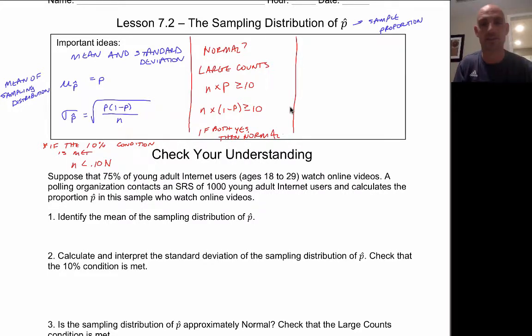So you've got to make sure you test those conditions before you start. The other thing that we need to consider is probability of a sampling distribution.